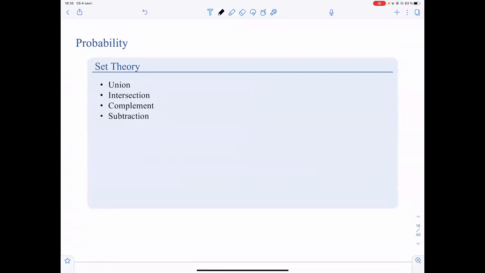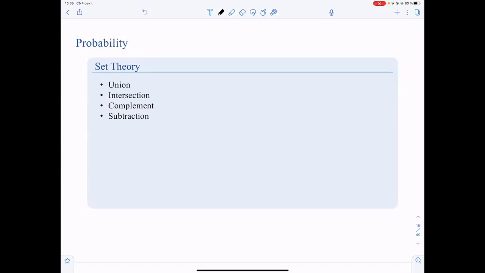Well, as you already got to understand, the definition of a random event is fully based on the operations of sets.